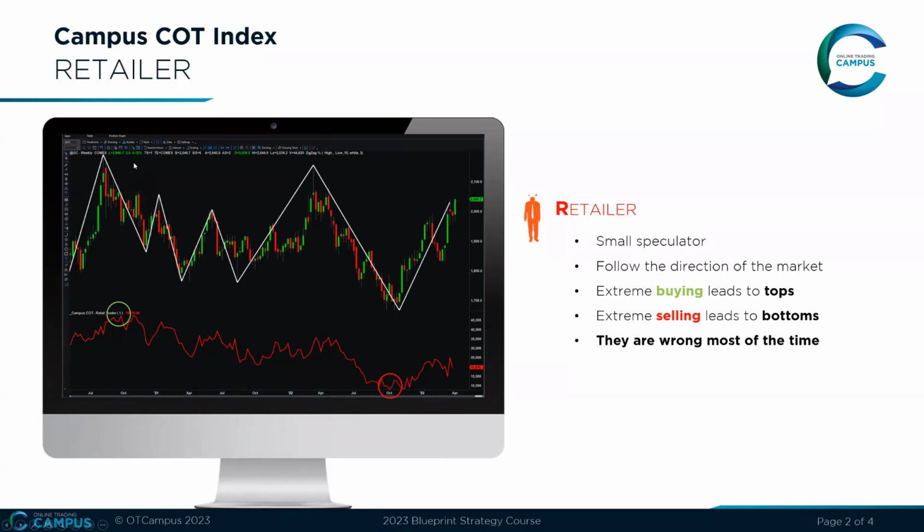As you look at this chart right here, which is the gold weekly chart, you can also observe that there is a 3-year high and a 3-year low in terms of the overall contracts that the retailers have on the table, in terms of the nets. Right down there, all of them together have 10,000 contracts long.